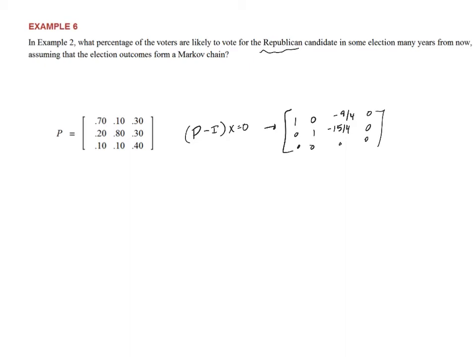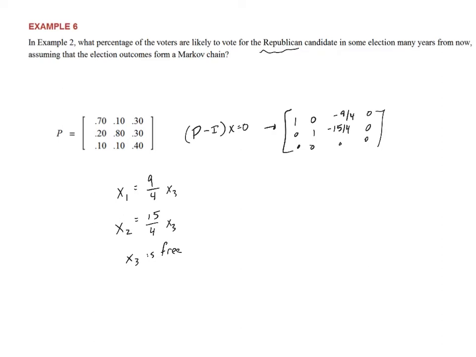So we get our free variable again, and we can write our solution in terms of that free variable. So x1 is 9 quarters x3, x2 is 15 quarters x3, and x3 is our free variable.